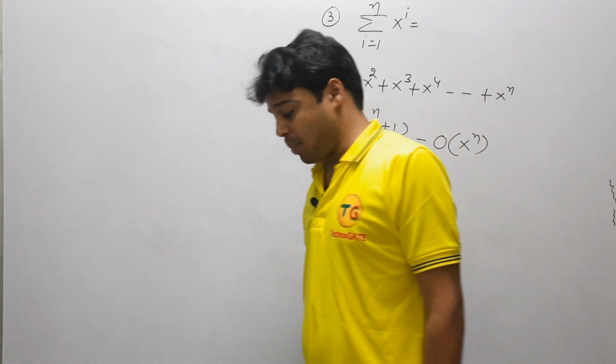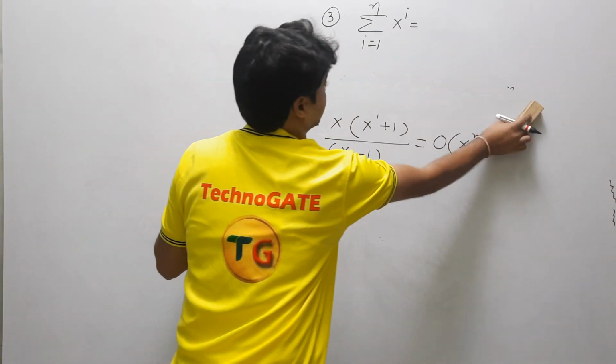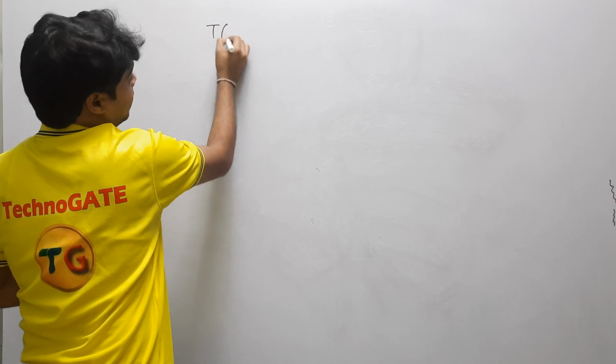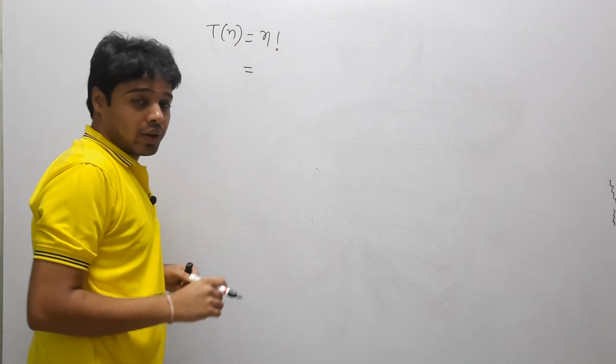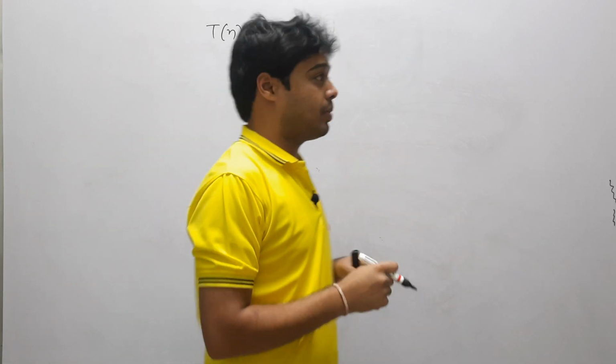Now, a very important topic is here. T of n is n factorial. So how is n factorial executed? n into n minus 1, n minus 2 up to 1.